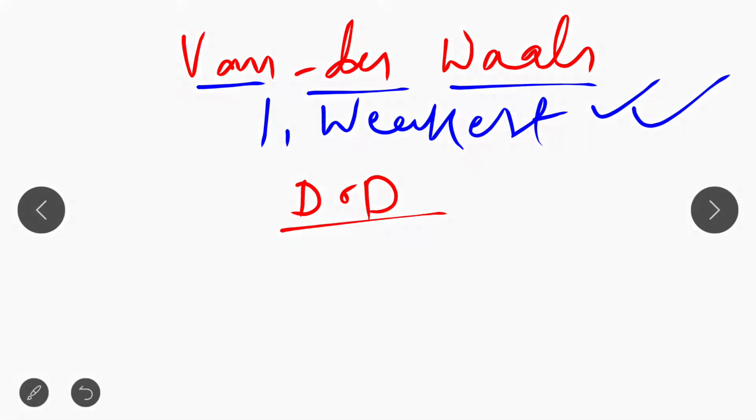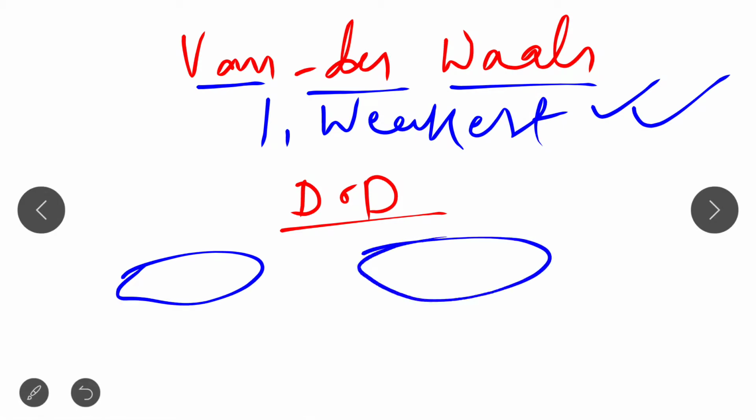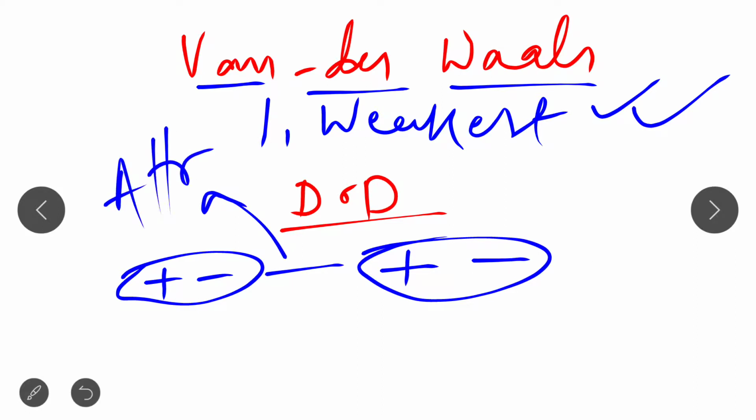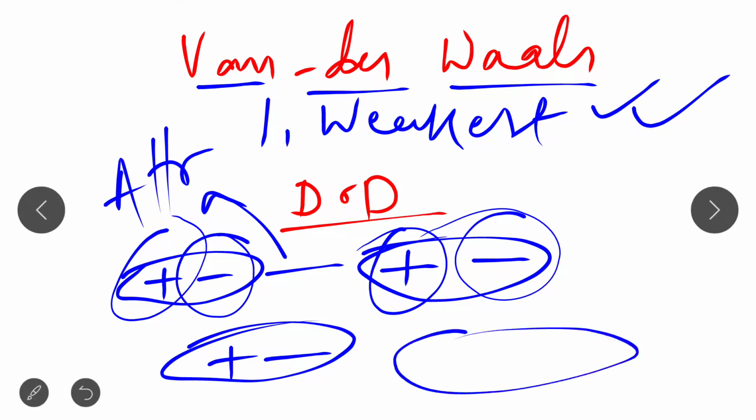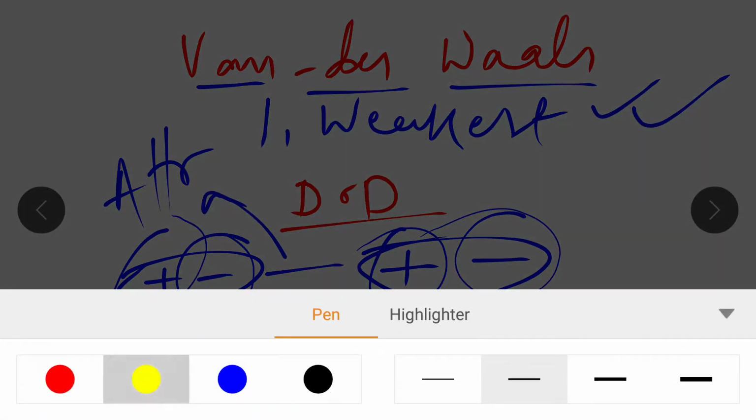In case of dipole interaction, both molecules contain a dipole moment, that is both molecules contain plus and minus charges. So in this case attraction will occur, because positive-negative, negative-positive is attractive. And in this case you can see positive-negative, negative-positive is a repulsion.